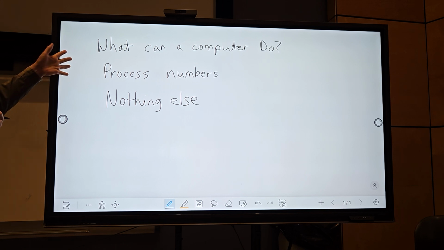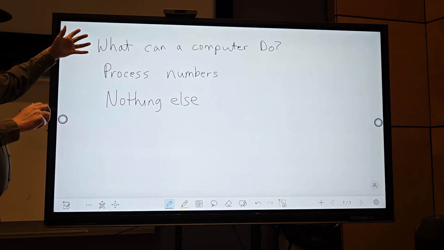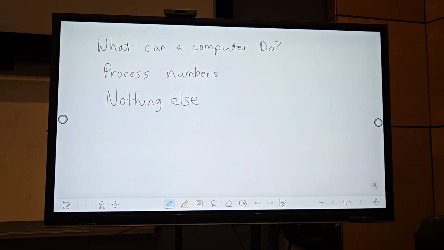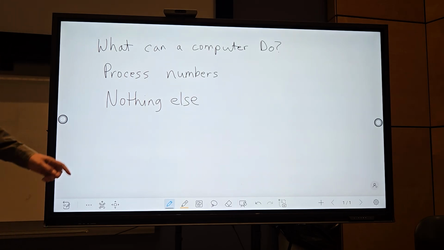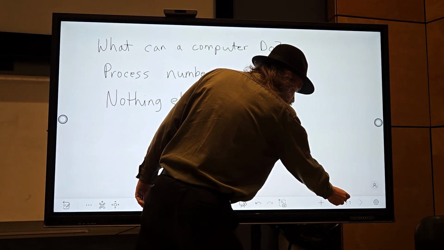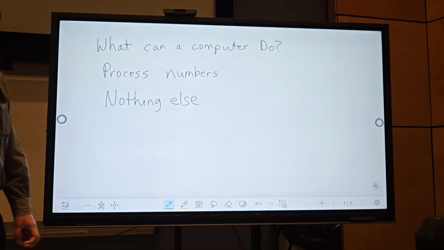We see things on the screen like graphics on this board, or text down below, down here. But those are just encoded numbers.